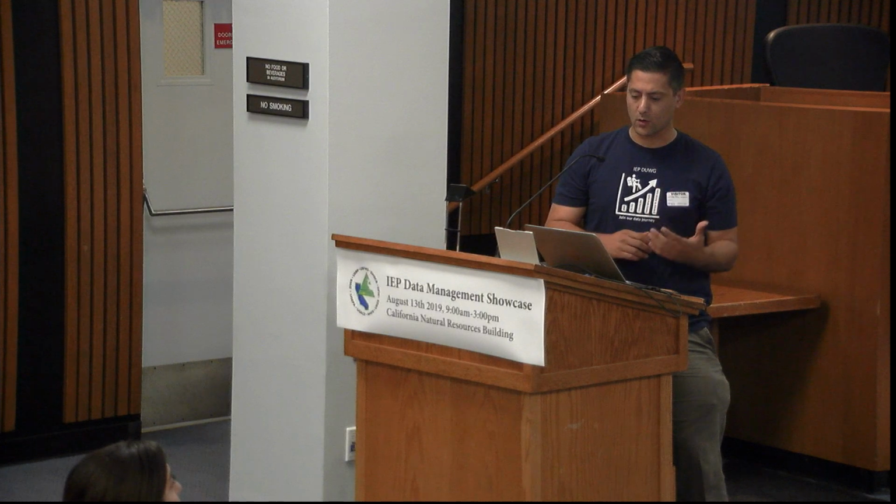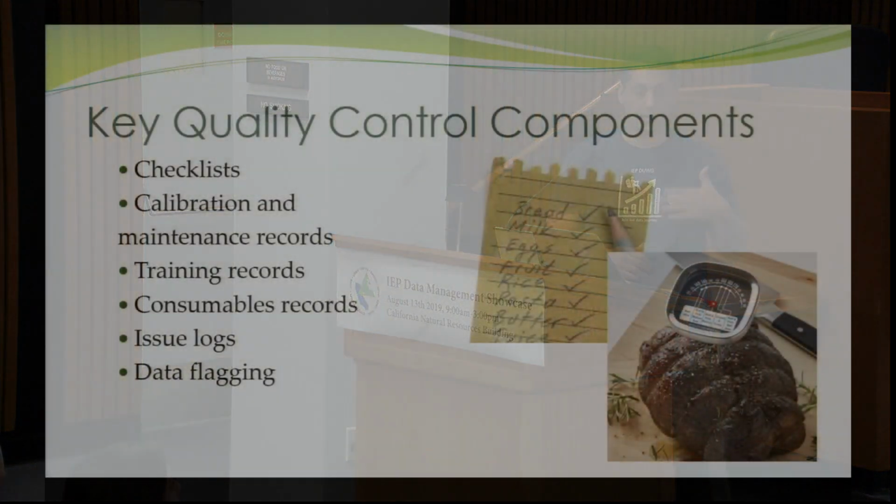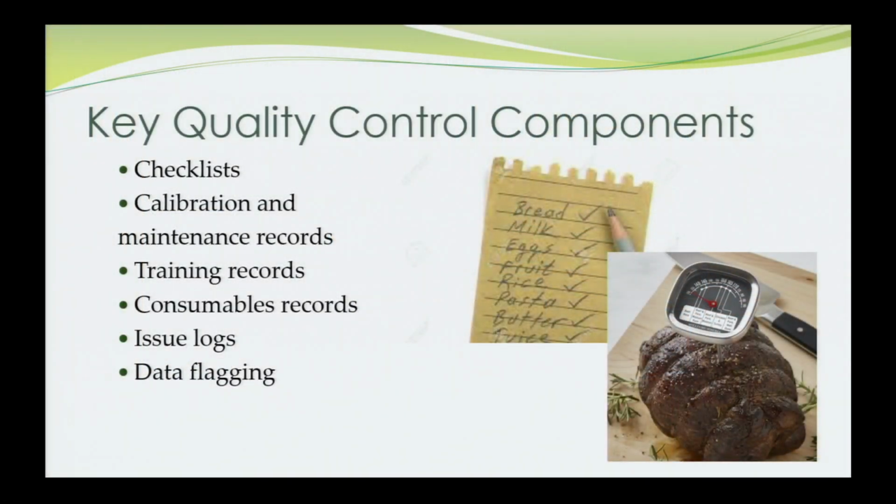And when you get to the quality control aspect, that is, how do you verify, how do you make sure that the data is achieving your needs, you're going to go through a lot of different pieces of information that are going to help you. So you're going to have checklists, and those checklists are going to make sure that you have what you need to do the job.